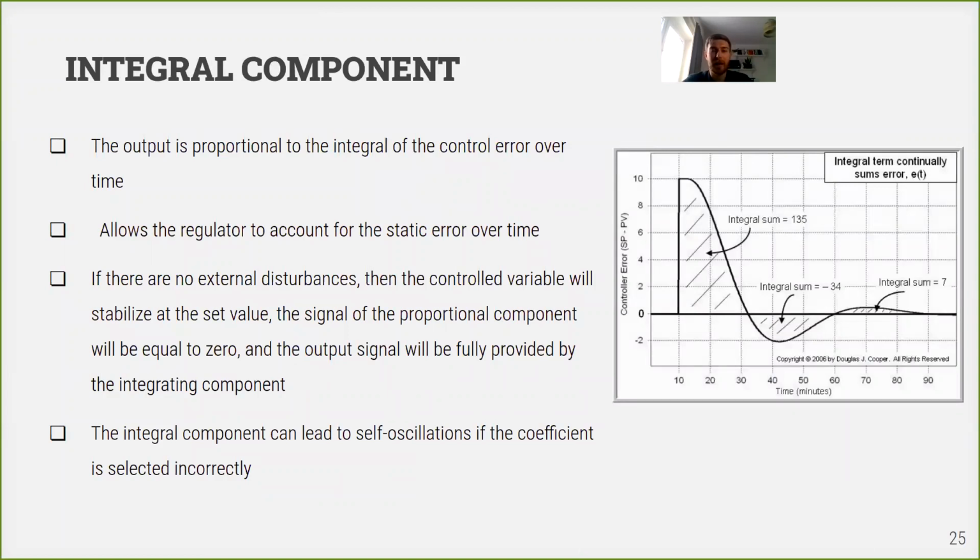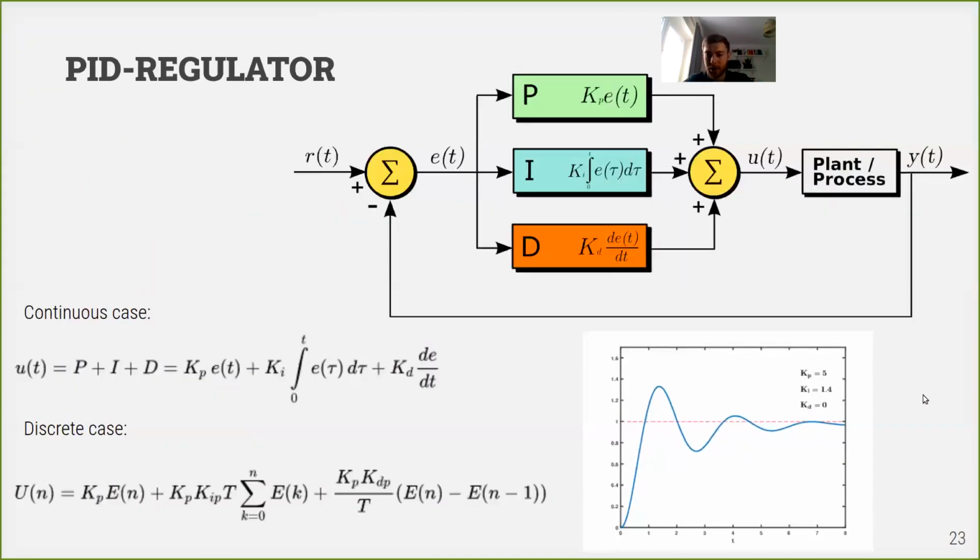So if we have this steady state error, our integral component will become bigger and bigger over time because we're just summing up an error. And in the end, we will reach the desired state because the integral component will become bigger and bigger. And it will allow us to neglect this steady state error. So this component allows us to fight this steady state error just by integration.